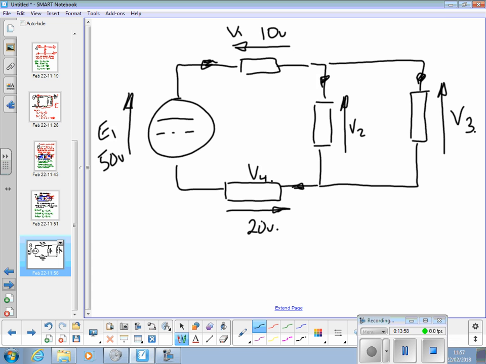Okay. So what unknowns have we got in this circuit? V2 is an unknown, V3 is an unknown.